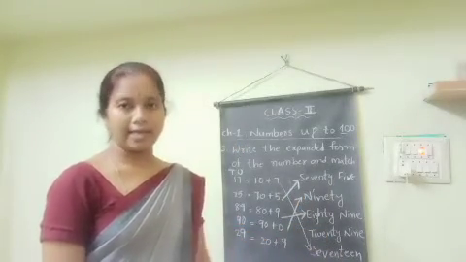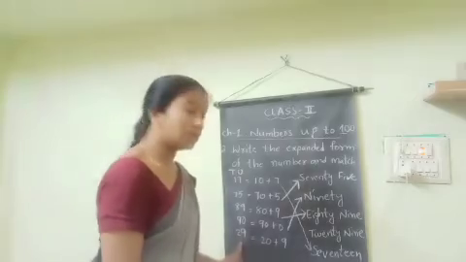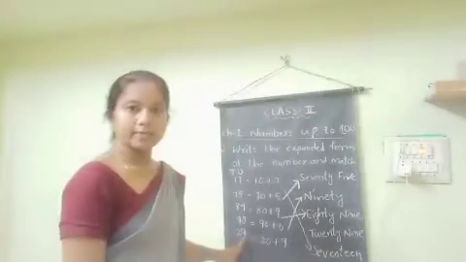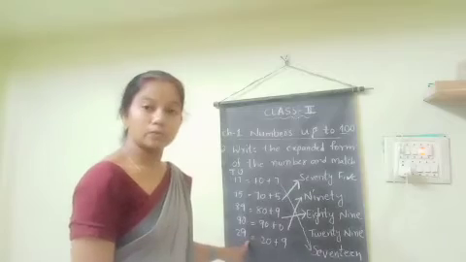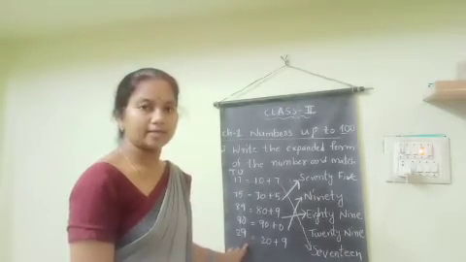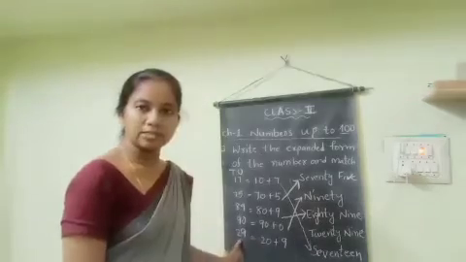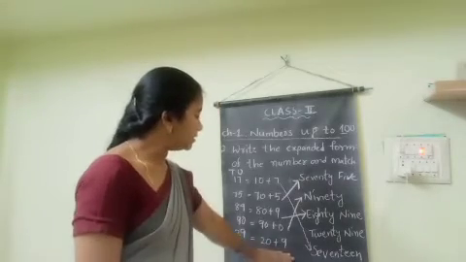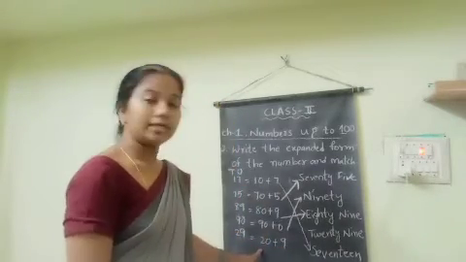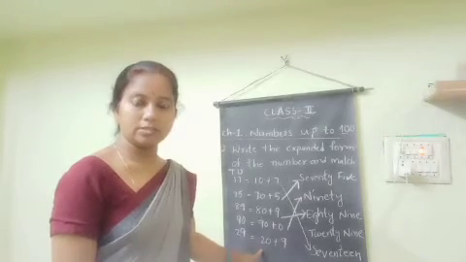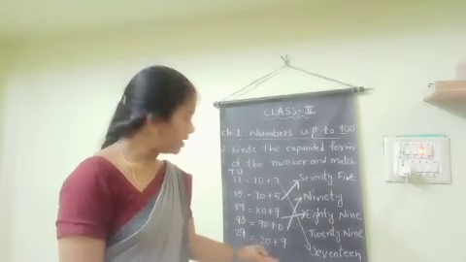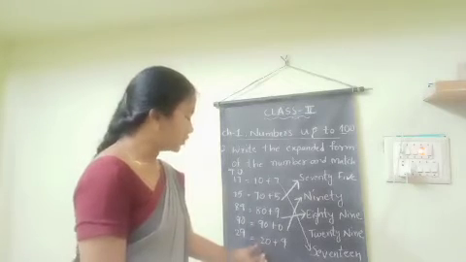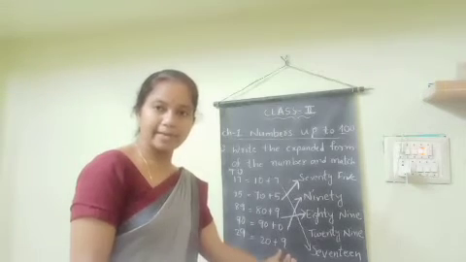NINETY 90. So what is the last number? Next number what you have? 29. How to spell this? How to read 29? And in this 29, how many tens do you have? 2 tens. So 2 tens are 20 plus 9 ones. So 20 plus 9.